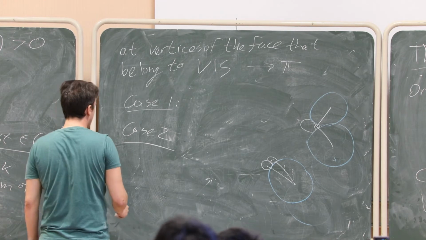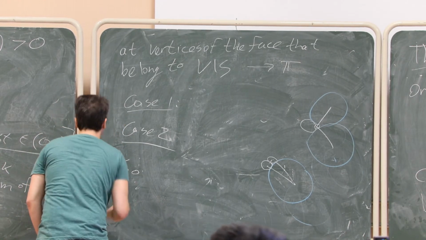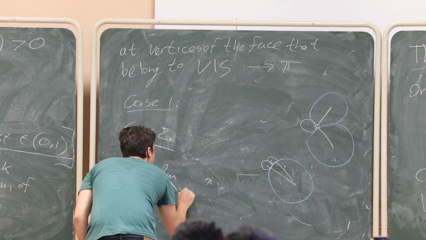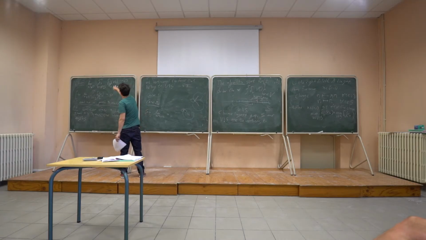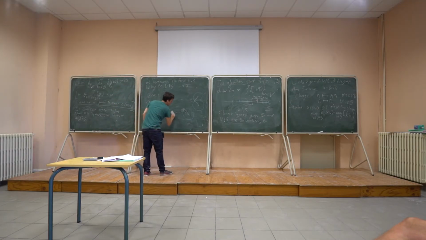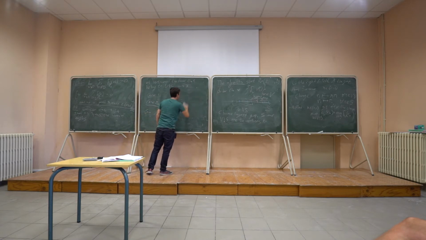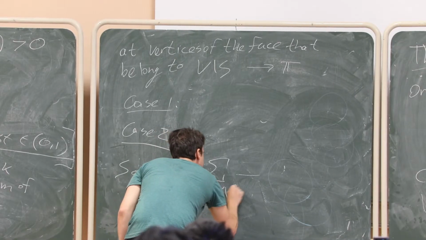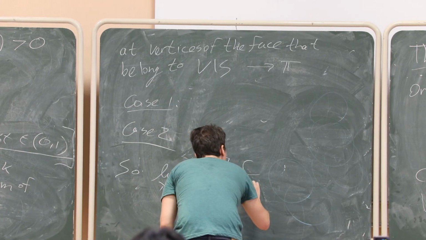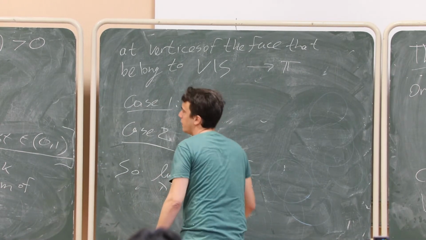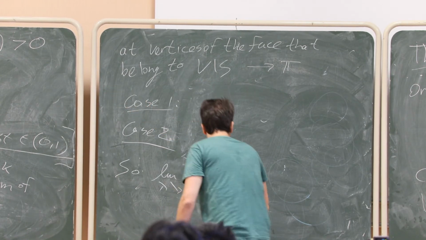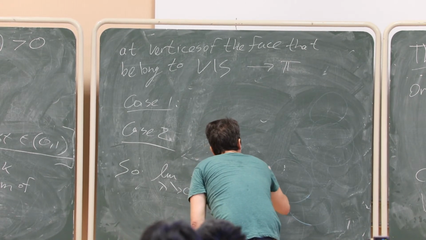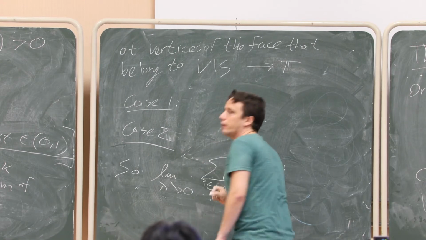What do we learn from this? We get that the limit as lambda goes to 0 of what we want, the limit of the sum over i in V minus S of the defects, or let's not write the defects, let's write the sum of angles, and afterwards we'll subtract. The sum over V minus S of the angles at the vertex corresponding to the vector of radii r lambda.